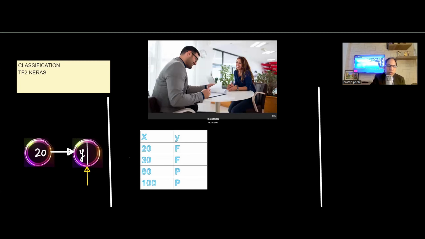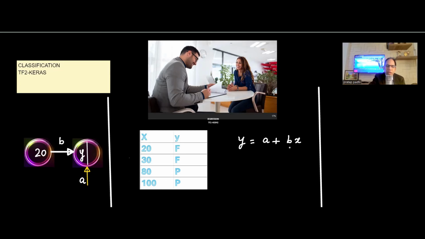The left-hand side. So what is the connection here? Let me write y is equal to a plus bx. We know this one already. What is my a here? A is my bias and b is my weight, only a single weight.